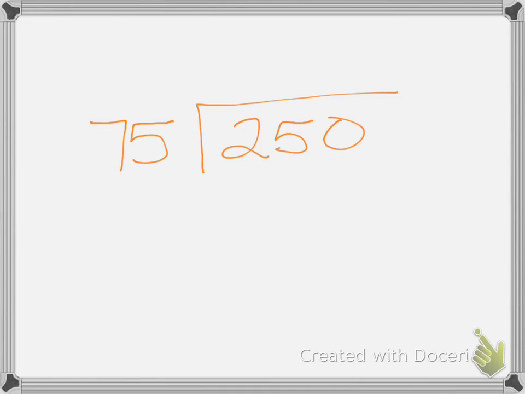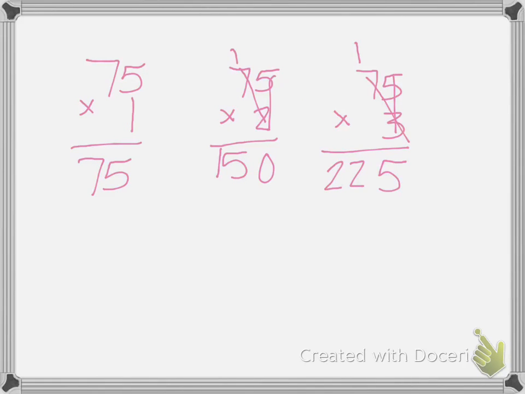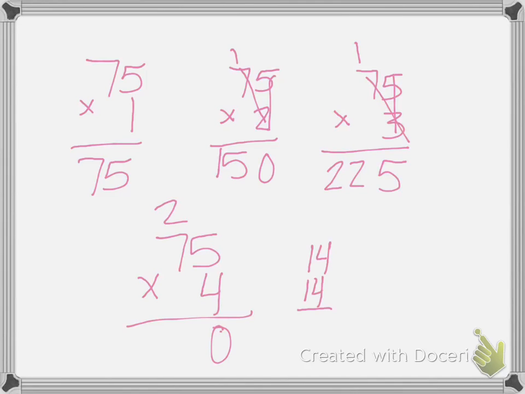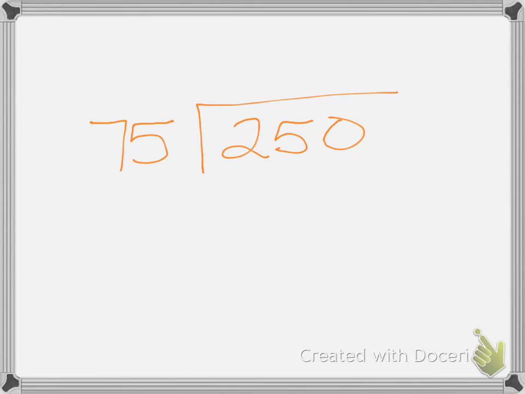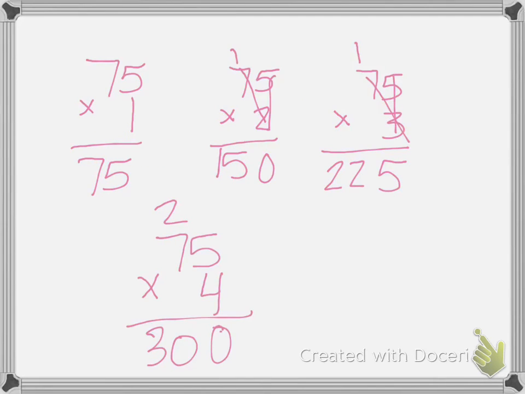And we're trying to get to 250. So let's try 75 times 4, just to be sure. 5 times 4 is 20. 7 times 4 is 28, plus 2 is 30. So 300. So we're trying to figure out how many times 75 will go in closest to 250.